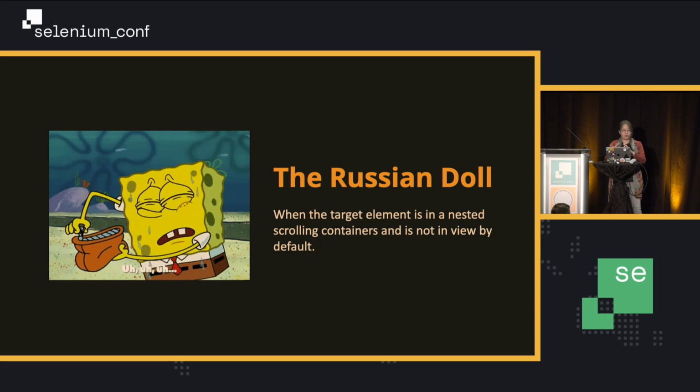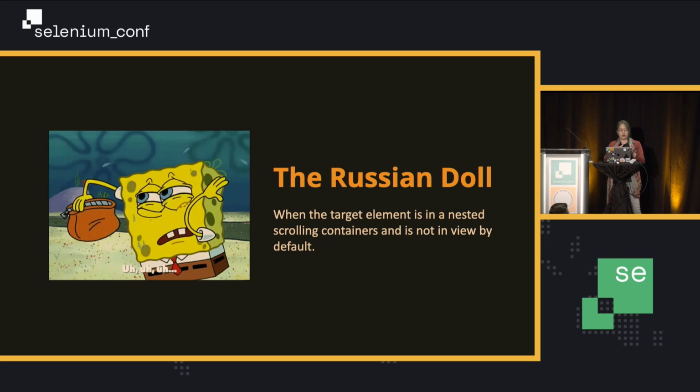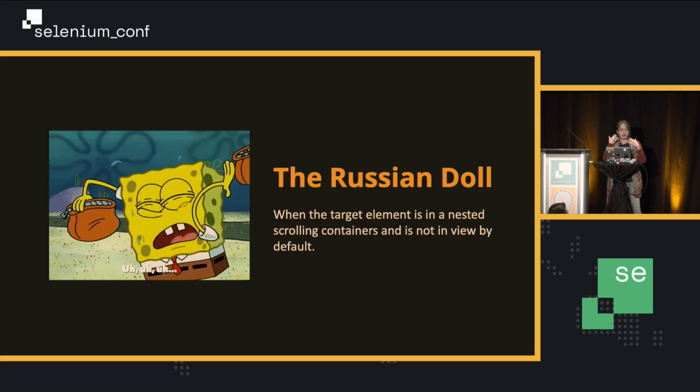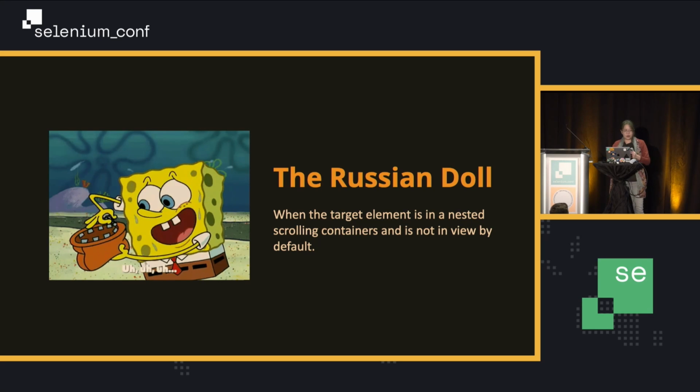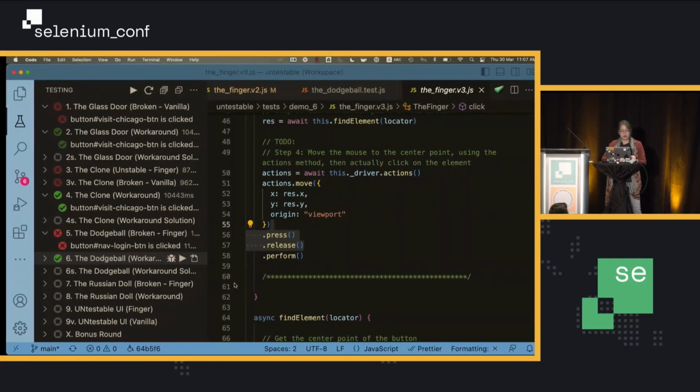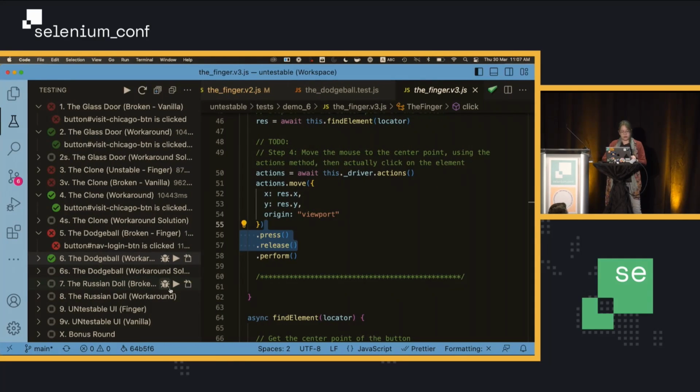The actions protocol will only click at the position on the viewport, but it does not know how to scroll yet. So to upgrade our finger, we need to tell it how to scroll. So let's have a run with the current version of the finger with the Russian doll demo.